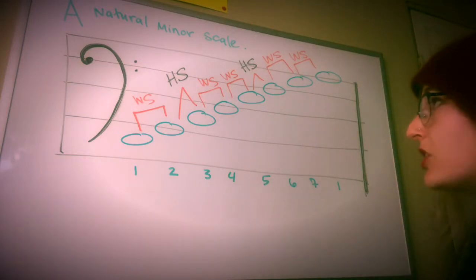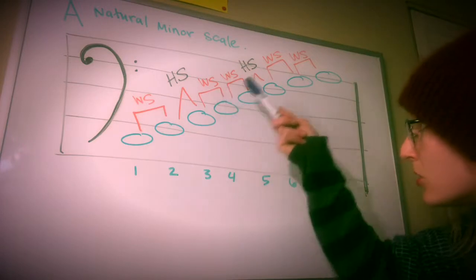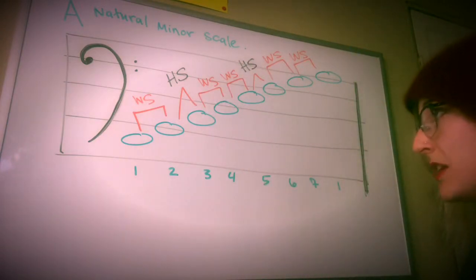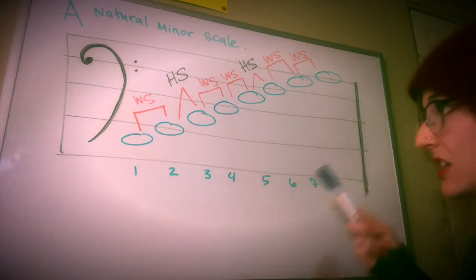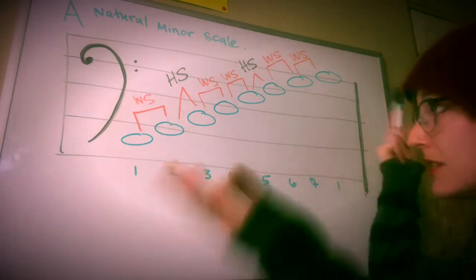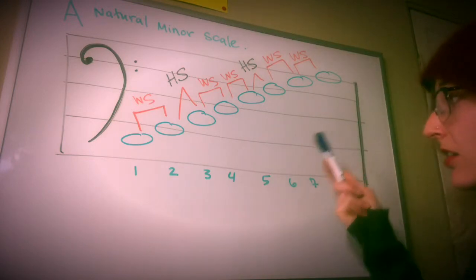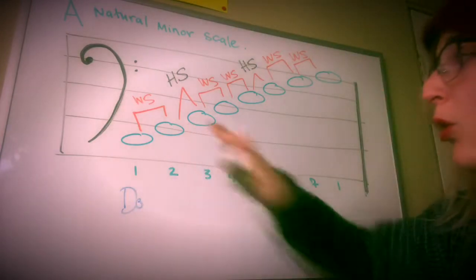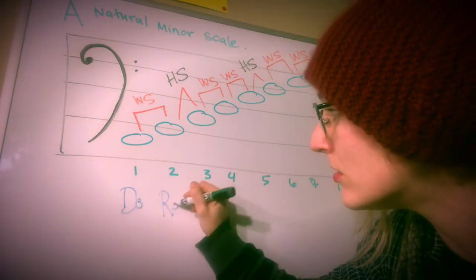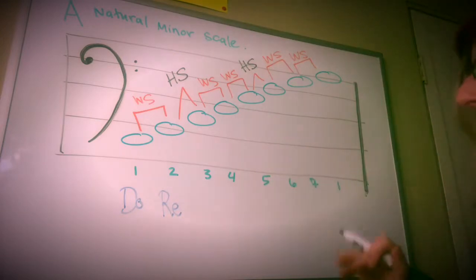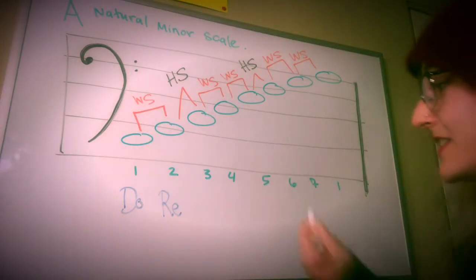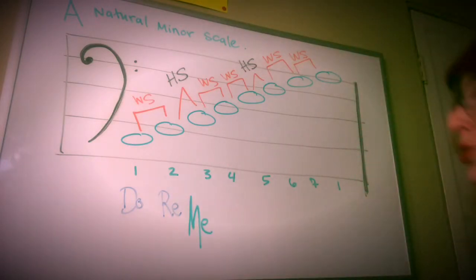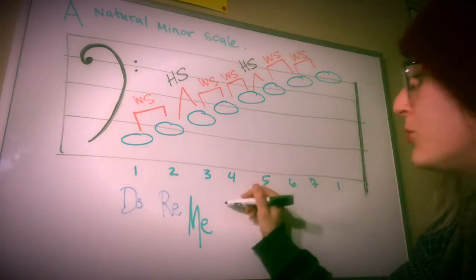Now, we're using 5 whole steps and 2 half steps in our formula, just like the major scale, but they're in a different order, right? So this is how you build a natural minor scale. You start on do, you go up a whole step to re, you go up a half step to what will now be called me, you go up a whole step to fa.